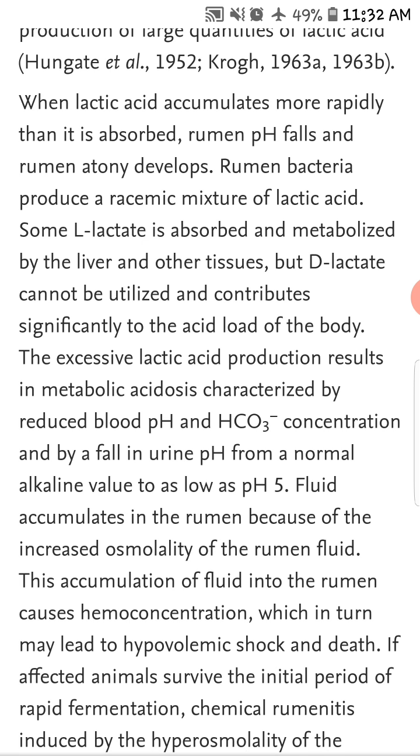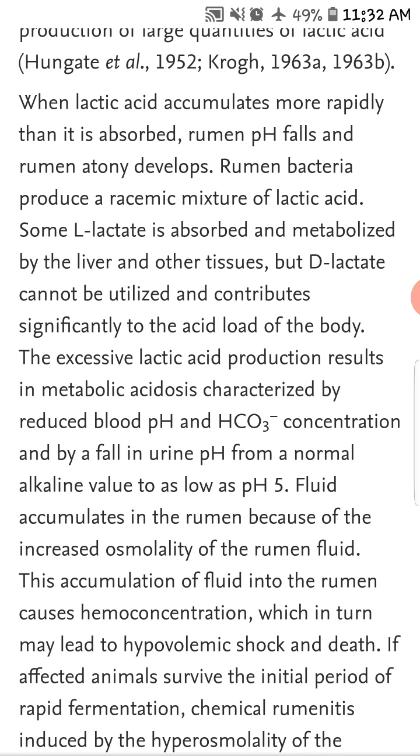The excessive lactic acid production results in metabolic acidosis. How do we characterize it? By reduced blood pH and bicarbonate ion concentration, and by a fall in urine pH.